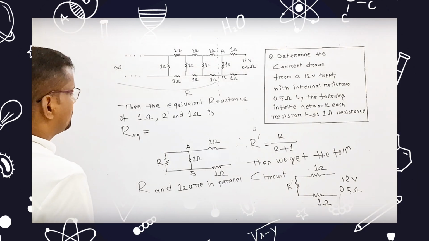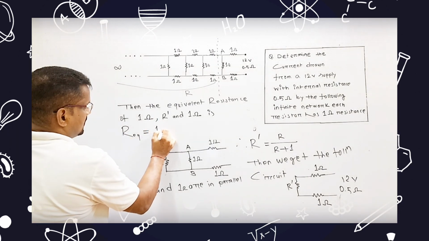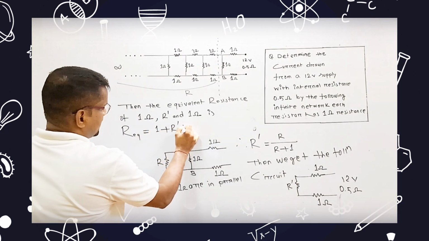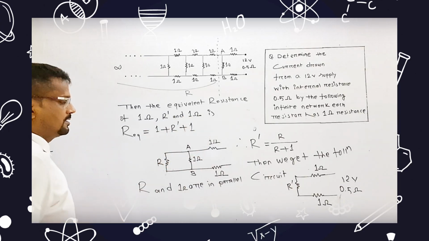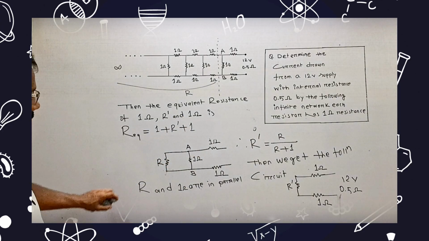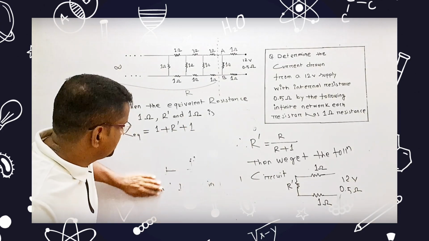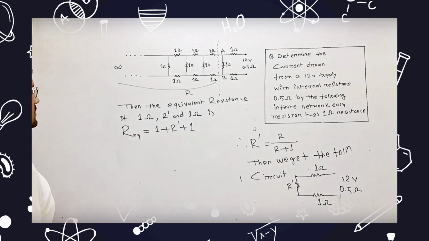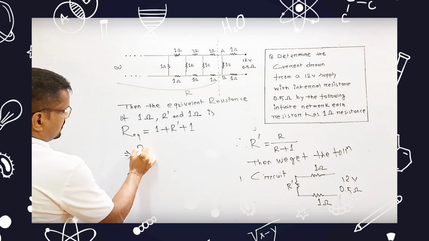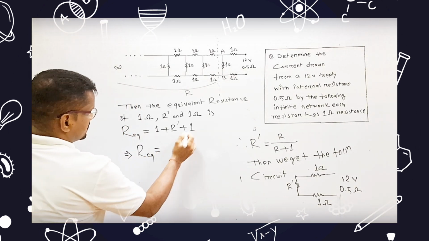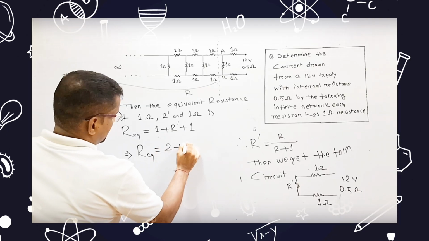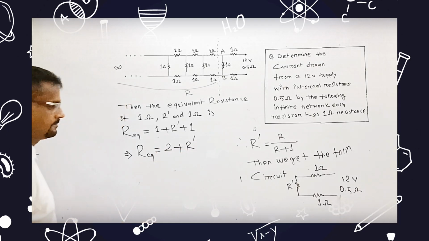So R equivalent will be directly sum of these, 1 plus R dash plus 1, because they are in series. After this what you get, see most important step here, R equivalent equals 1 plus 1, 2 plus R dash.